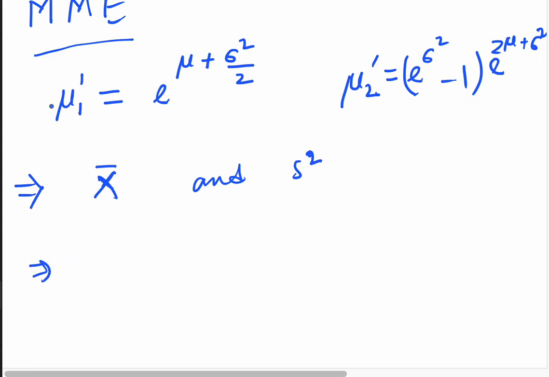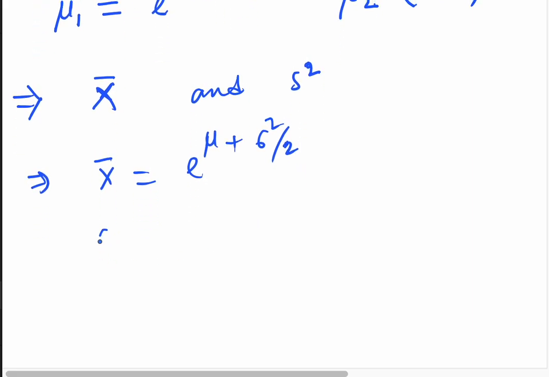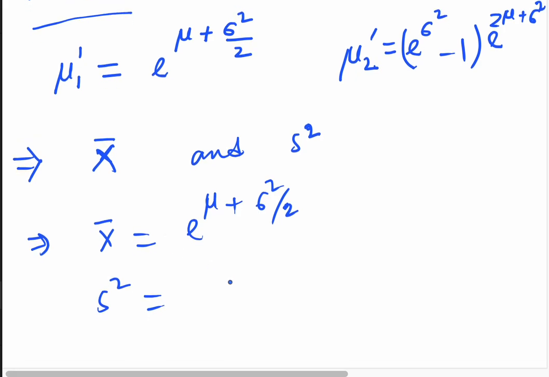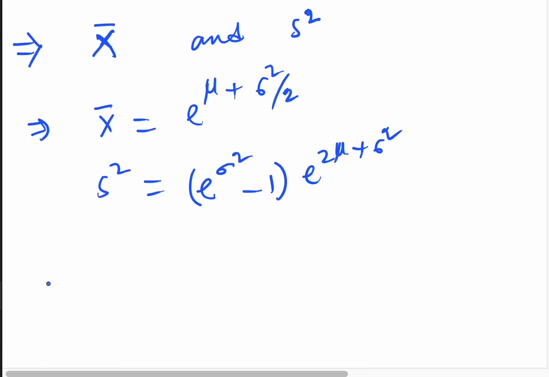Then x bar is e to the power mu plus sigma square by 2, and s square is e to the power sigma square minus 1, times e to the power 2 mu plus sigma square.